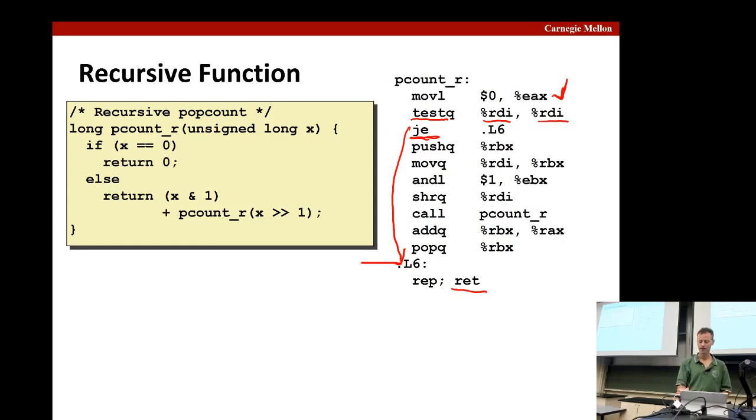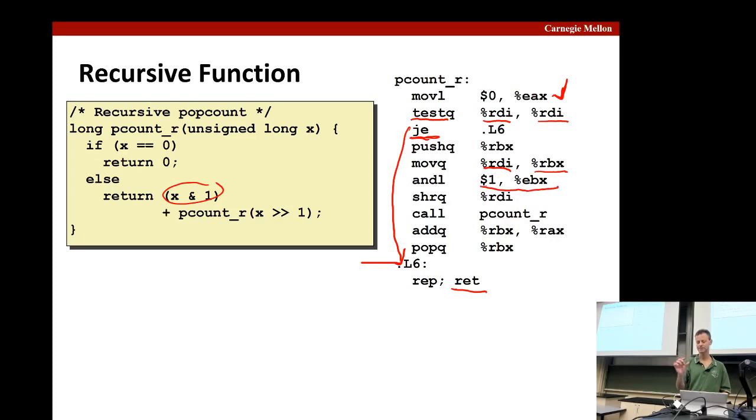Okay? On the other hand, if it's not 0, then we're going to save RBX. And we're going to move the current value of X into RBX. Then we're going to do this AND, right? We're going to AND 1 with EBX.